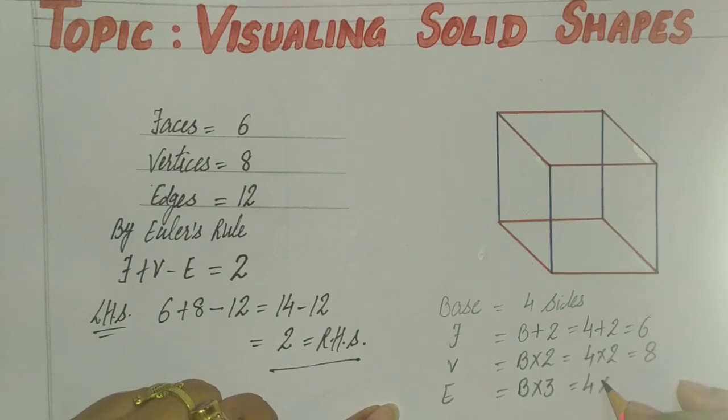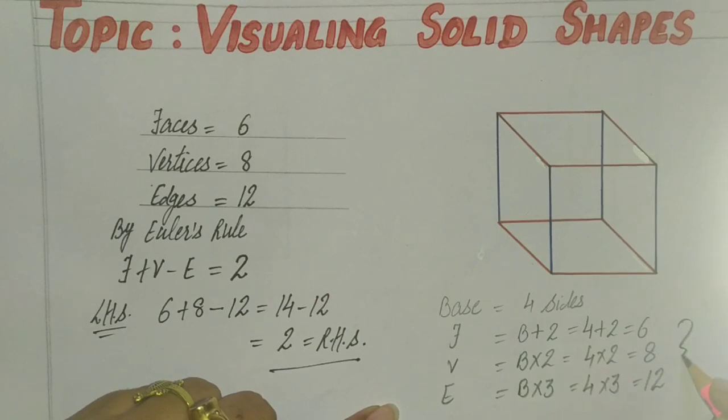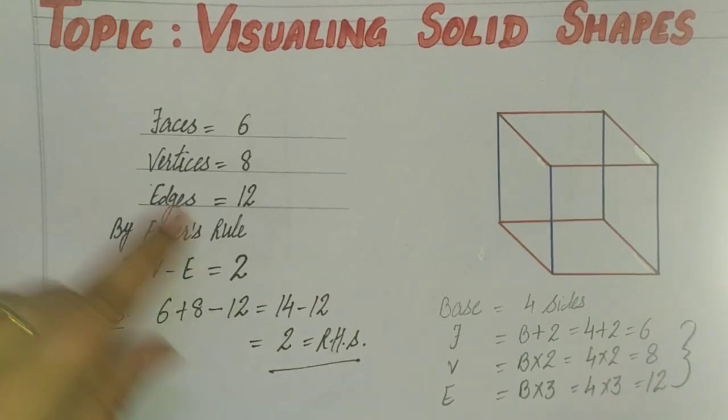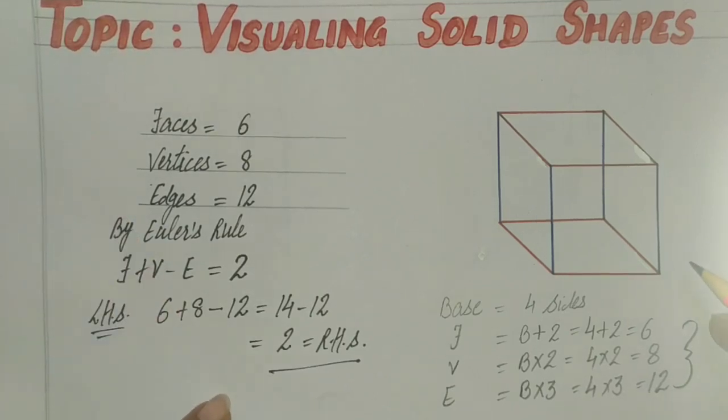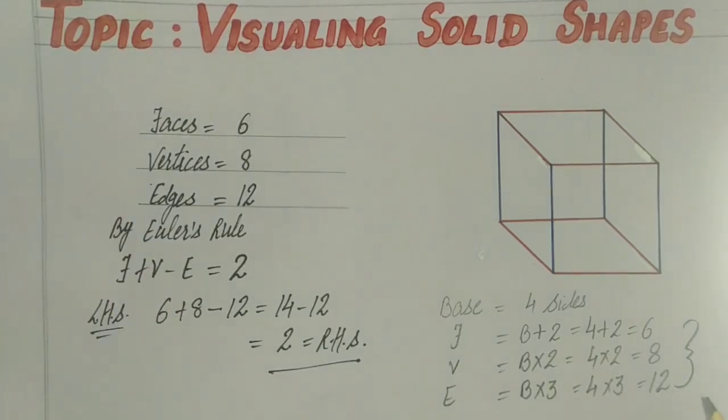It means here it will be 4 into 3, that is 12. As you can see, all these match with the number of faces, vertices and edges of the cube. So this is also a method to find out the number of faces, vertices and edges of any solid.